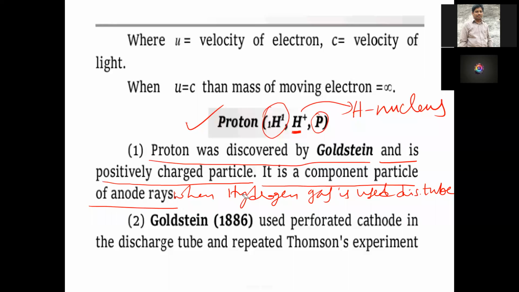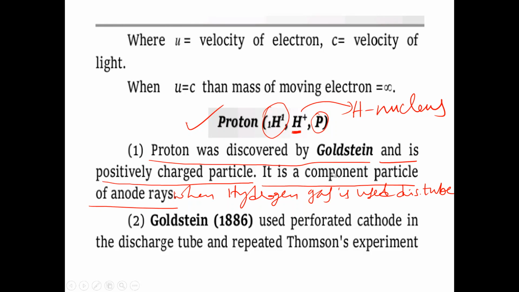If you take hydrogen gas in the discharge tube, the component particle of the anode rays will be proton. That point keep in mind.